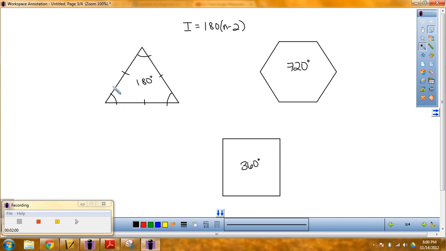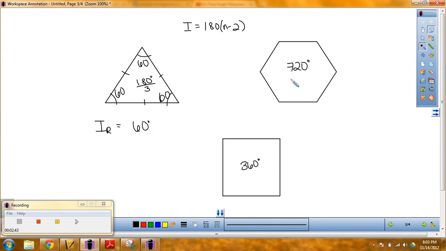So if I want to find what each angle measure is for the triangle, I would simply say, alright, well I want to cut this by 3 angles, and I know that that's going to give me 60, 60, and 60, right? So then I would say that the interior angle of a regular triangle is 60 degrees.